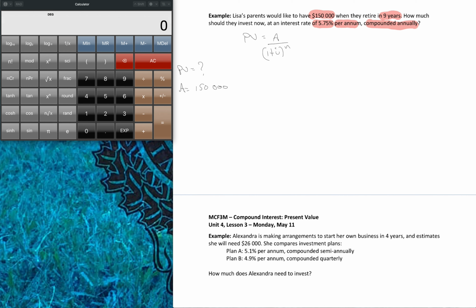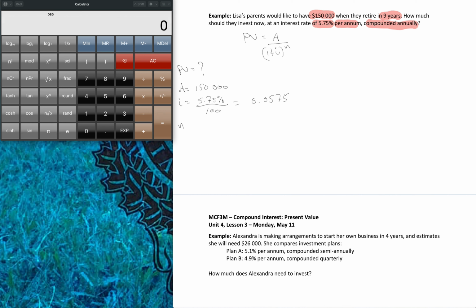And then the interest rate we could write as 5.75%, but remember that has to be a decimal. In order to switch from a percentage to a decimal, we divide by 100, so that's going to equal 0.0575.